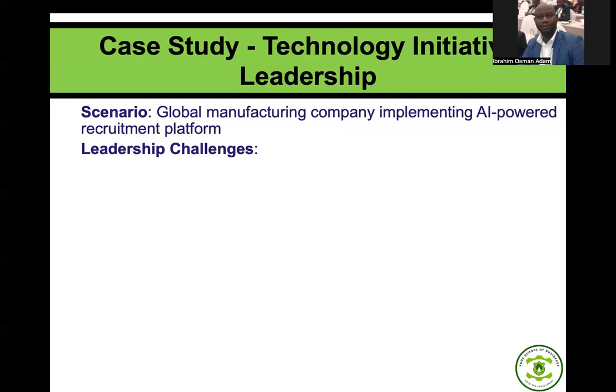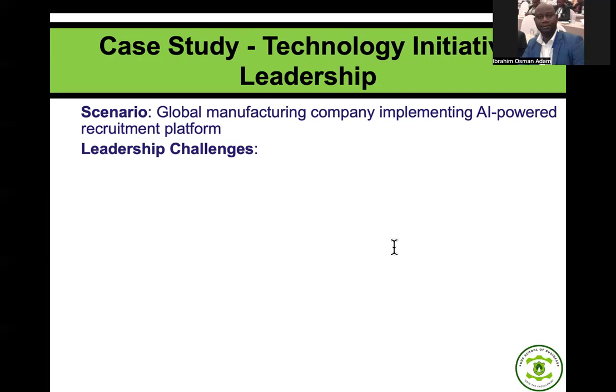Remember that before the implementation, the company would have had traditional HR management dealing with recruitment. Now, if you are bringing in this technology, one of the challenges you would face is that the traditional recruiters will resist the technology because they fear that they are being replaced. So that's a challenge.